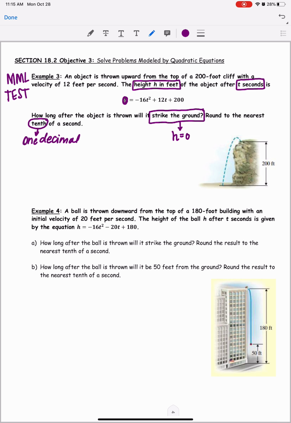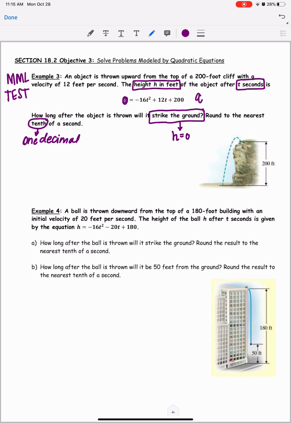So now my equation is 0 equals negative 16t squared plus 12t plus 200. So now go to work. How do you solve a quadratic? Either by factoring it. I don't want to factor with those numbers, or the quadratic formula, so we're going to use that. So, is it in the correct form? It is, because it equals 0.